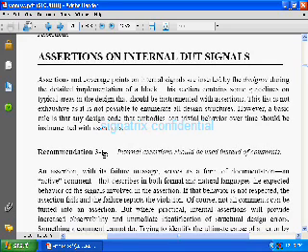In this section, VMM recommends some guidelines to write assertions on internal DUT signals. The basic rule is that any design code that embodies non-trivial behavior over time should be instrumented with assertions. So the things which are very important in your design should have this kind of assertions.